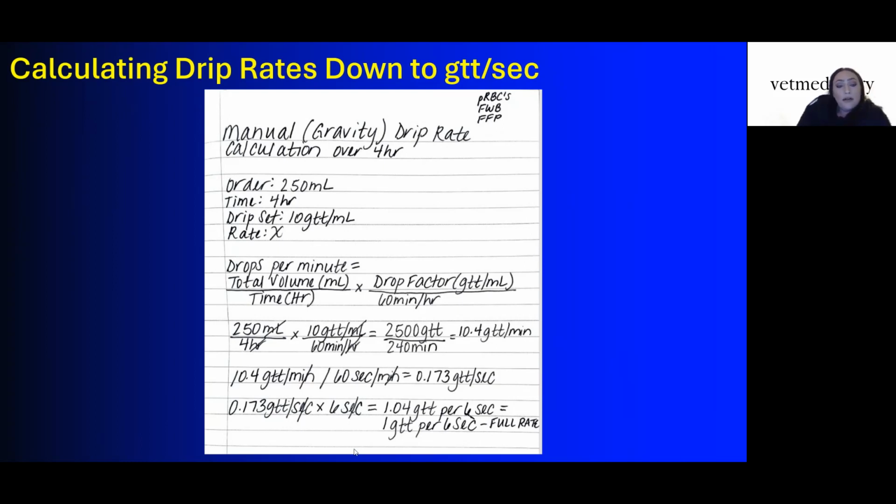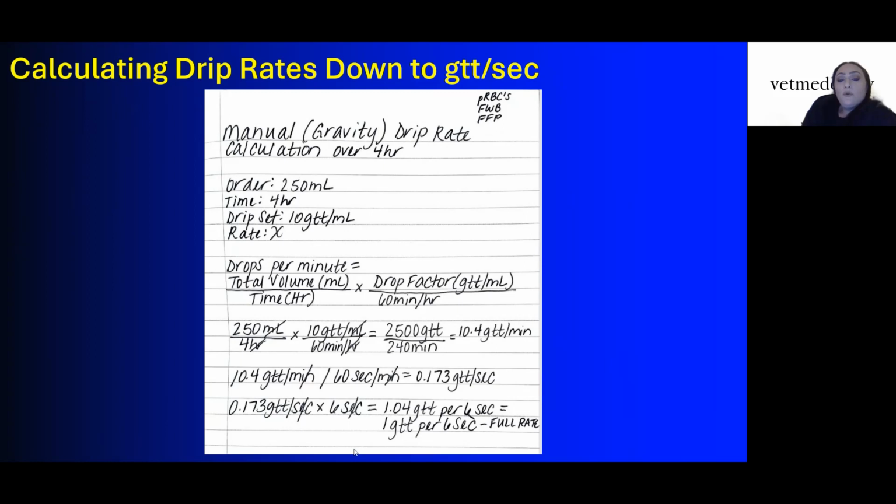And then we want to go ahead and cancel out what has 2 of everything, basically, and keep what doesn't. So we're left with drops per minute. So 2,500 drops over 240 minutes. You want to go ahead and divide after multiplying across, and you get 10.4 drops per minute.